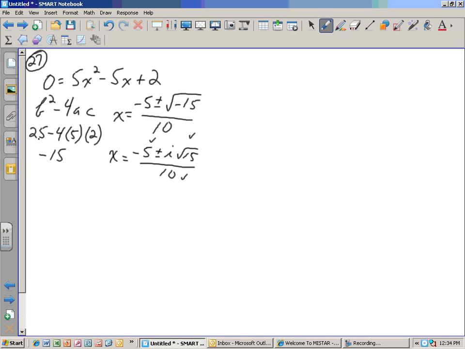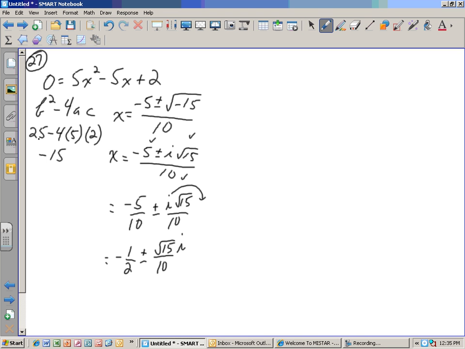What this equals is negative 5 over 10 plus or minus i square root of 15 over 10. And now I can reduce negative 5/10 to make that negative 1/2 plus or minus, and then I'm going to write the square root of 15 over 10, and I'll take the i and just put it at the end there.